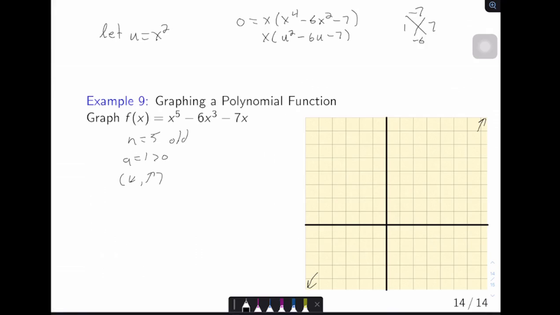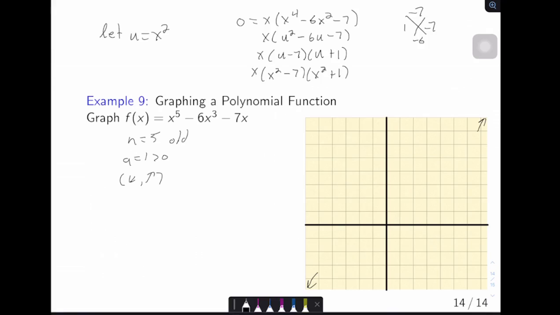We want a negative 7 and a negative 6, so we need to have the 7 be negative. So we're going to get x times u minus 7, u plus 1. And since u is equal to x squared, we get x times x squared minus 7 times x squared plus 1.